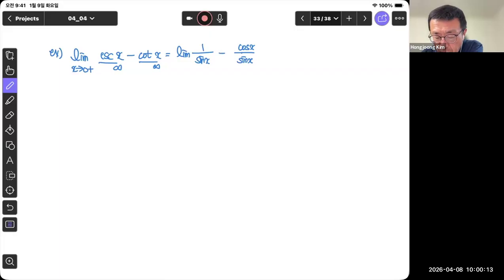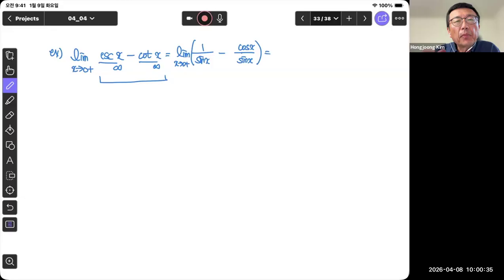Then for this function, there is nothing to merge. But if I rewrite these two functions in terms of sine and cosine, they have sine as a common denominator. So at that point, I can combine these two.